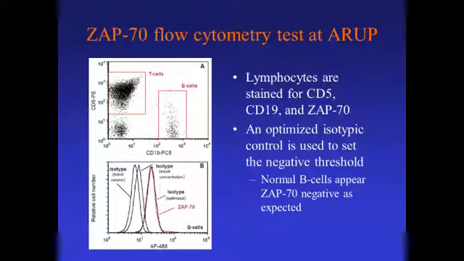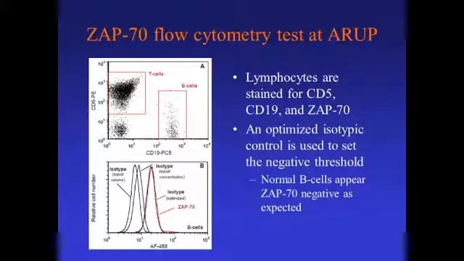So we stain lymphocytes for CD19 and ZAP70, and then we use what we call an optimized isotypic control to set our negative threshold. That's shown here in the bottom panel, where you're looking at B cells stained with an isotypic control of equal volume to the ZAP70 antibody and an isotypic control of equal concentration.